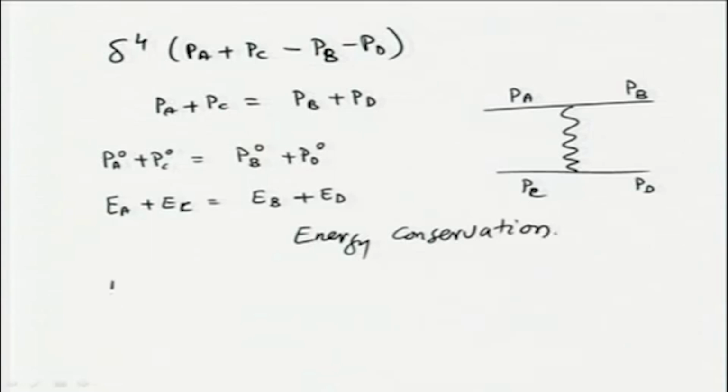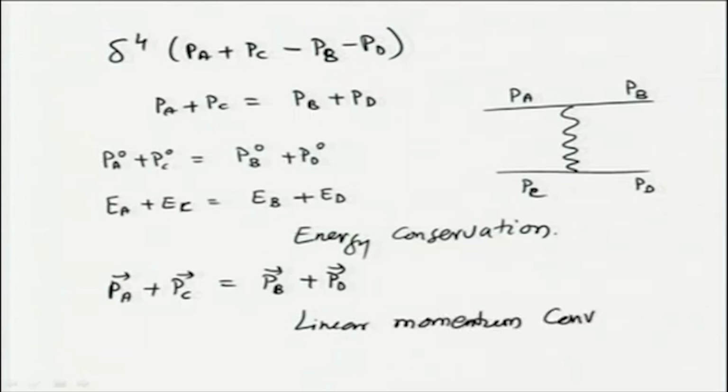Similarly, when we look at the 3-momentum, p_A + p_C is equal to p_B + p_D. The sum of the initial 3-momenta is equal to the sum of the final 3-momenta. So, this is the linear momentum conservation.